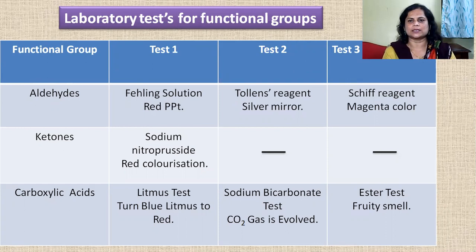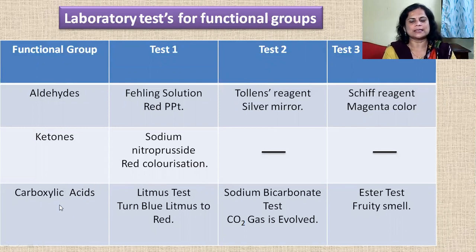For the aldehydes, we have studied three tests: Fehling's solution with the formation of a red precipitate, Tollens' reagent with the formation of a silver mirror, and Schiff's reagent with the formation of magenta color. For the ketone, the sodium nitroprusside test shows red colorization. These are the observations for their presence.